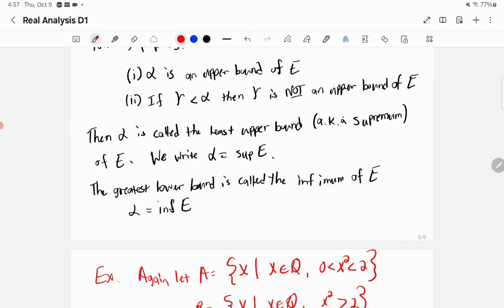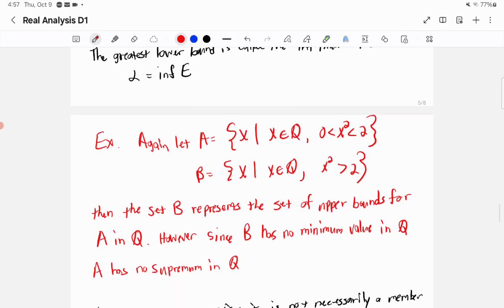So the least upper bound, the LUB, is also known as the supremum, and so we write that alpha is the supremum of E, sup E. Okay, we say alpha is equal to the sup E. Similarly, for lower bounds, if we have some greatest lower bound, so there's a lower bound such that no number greater than it is also a lower bound, then this is called the infimum of the set E.